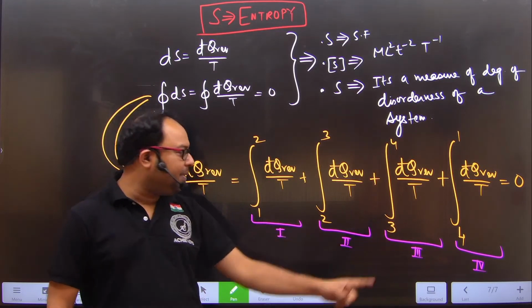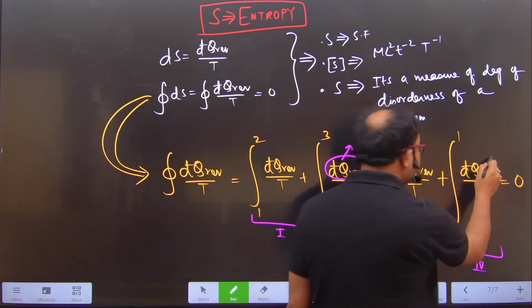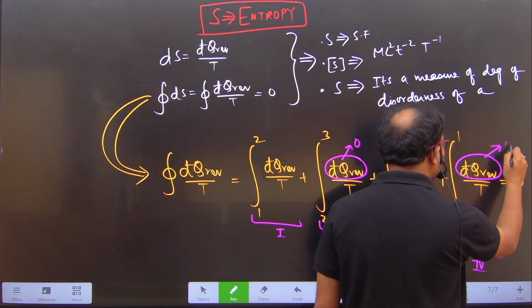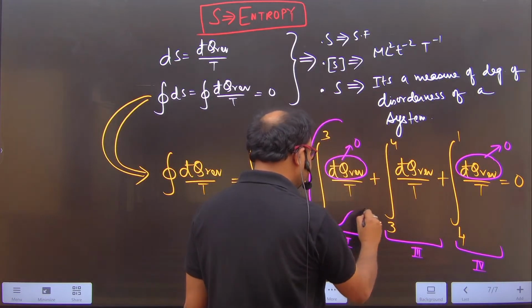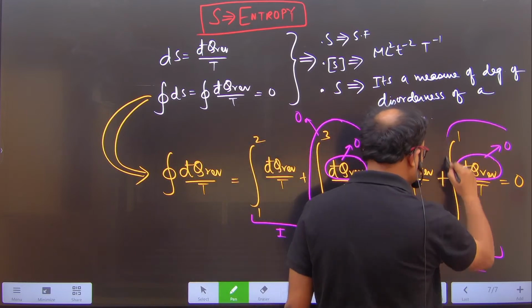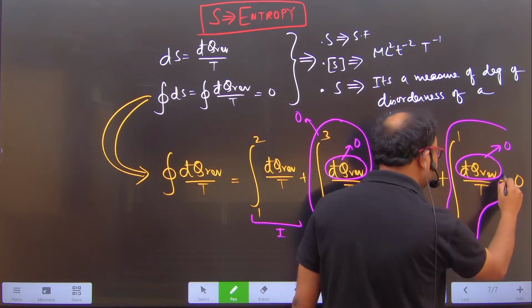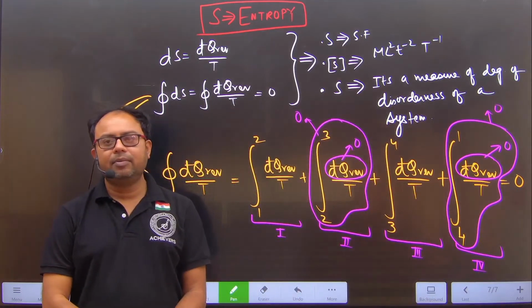If they are adiabatic, then dQ reversible is 0, so these terms are 0.